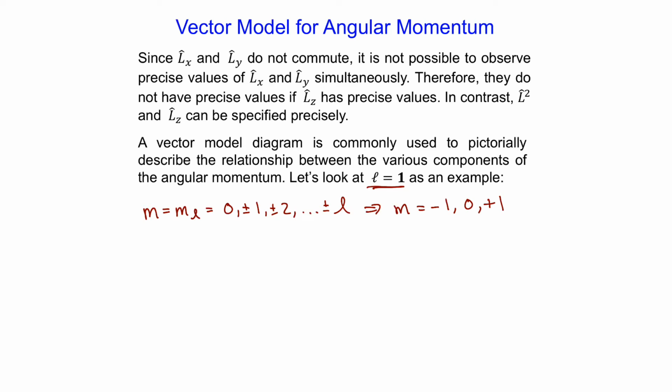This is a good time to remind ourselves of the fact that each of our energy levels for a rigid rotor is 2J plus 1, or 2L plus 1, degenerate. Remember this from our spectroscopy lab.